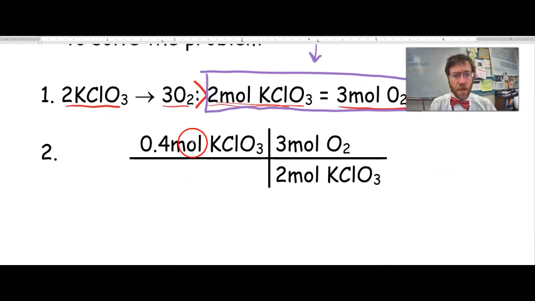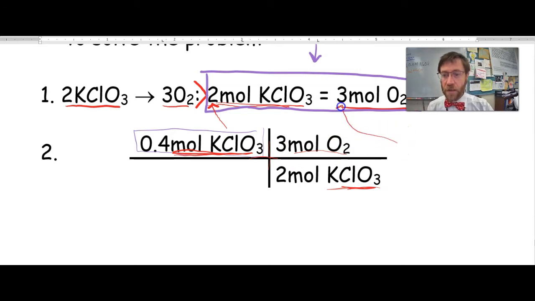Dig? So, I write down what I'm starting with in the upper left, right? I draw my lines of pain. And if I have moles of potassium chlorate in the upper left, I'm going to need moles of potassium chlorate in the bottom right. Now, how many moles of potassium chlorate? Well, according to my mole-to-mole ratio, I will need 2 moles of potassium chlorate. And then up top, I'm going to need moles of oxygen. How many?